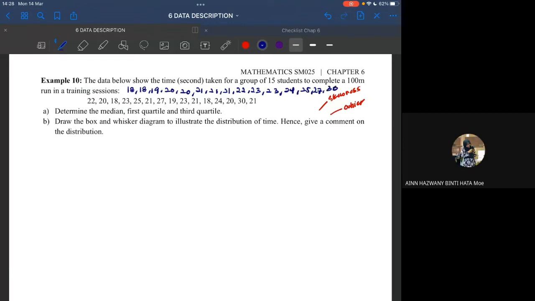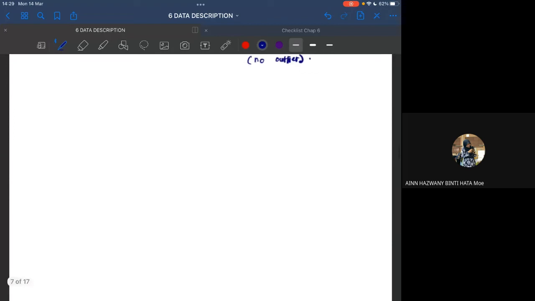Okay. Alright. So kira make sure ada 15. So n is equals to 15. Okay, cuba kamu buat sendiri dulu. Minimum, maximum, Q1, Q2, Q3, upper inner fence, lower inner fence. Cuba kira dulu sendiri. The exact same thing as before.